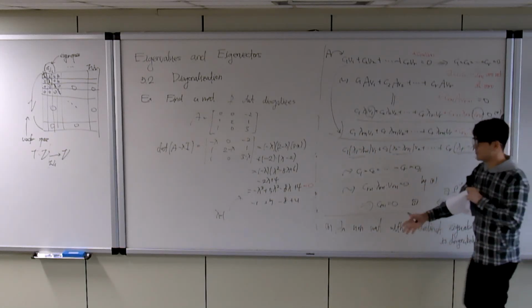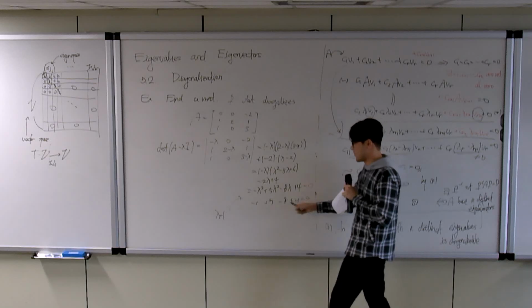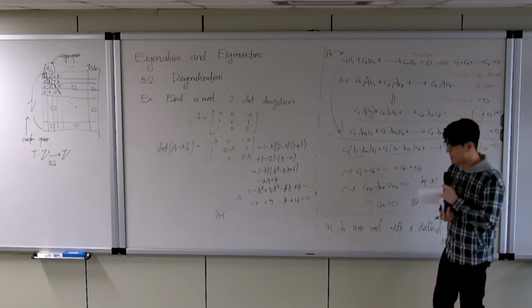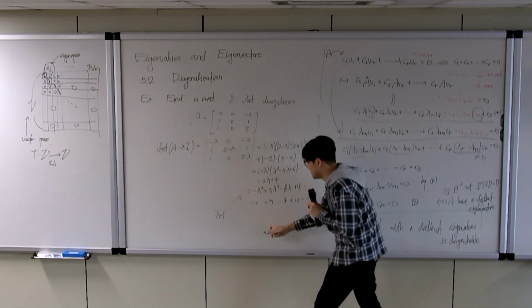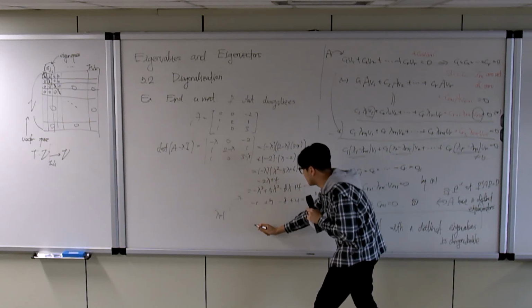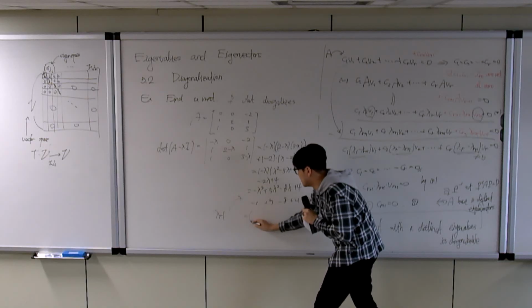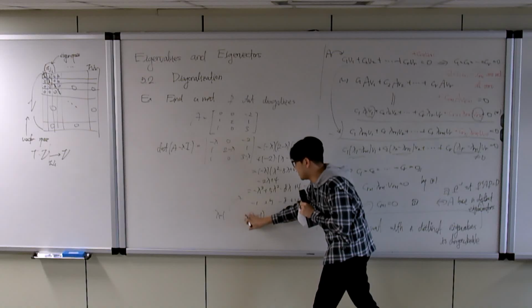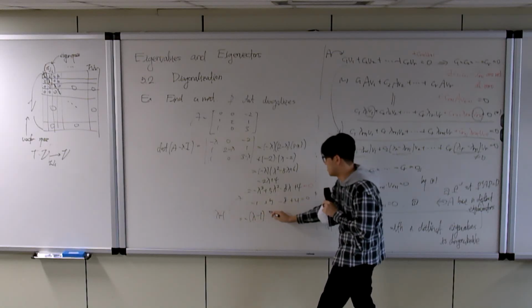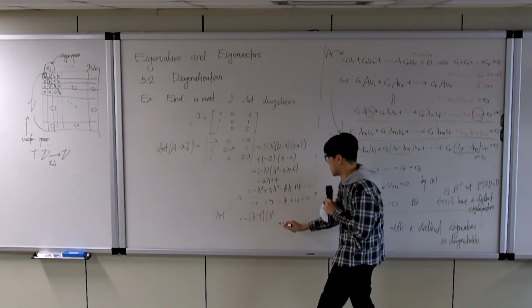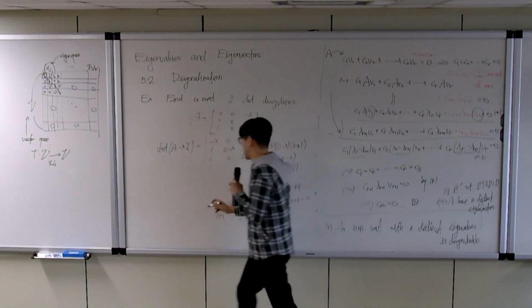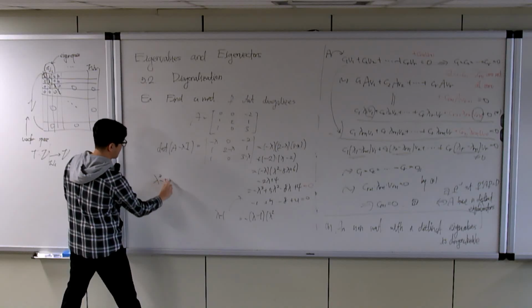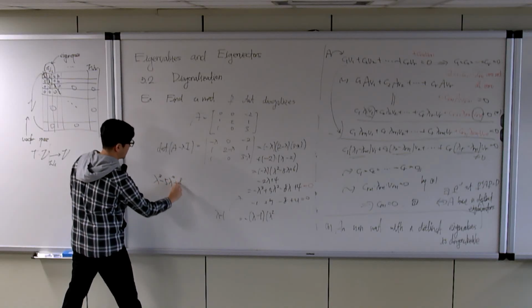If you calculate it, 8, then 4 lambda minus 4. So the dividing factor is (lambda minus 2) squared. So you can get the eigenvalues. Lambda 1 is 1 and lambda 2 is 2.